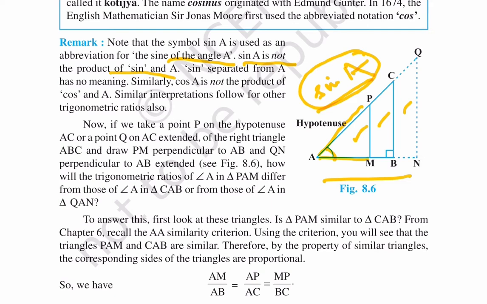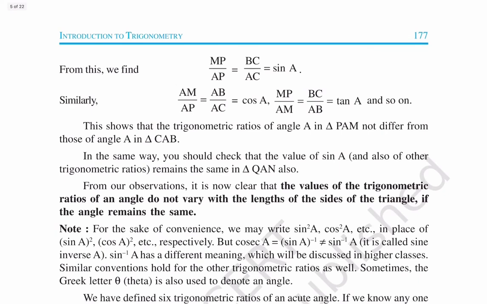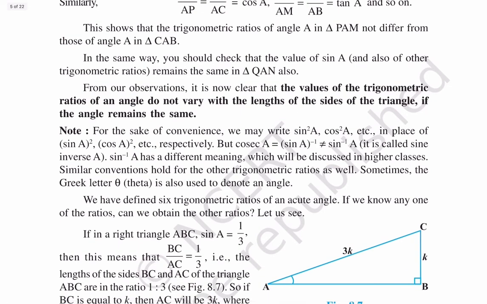It is not going to change. Here the proof is given. You can study this. The value of the trigonometric ratio of an angle doesn't vary with the length of the sides of the triangle if the angle remains the same.